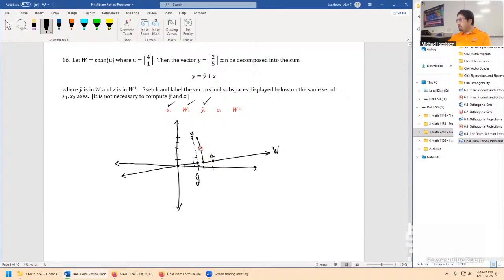Except the vector Z really gets visualized this way. We just slide this down until we start at the origin, terminate here, and that's Z itself. It's the component of Y that's orthogonal to W, so it still makes a 90 degree angle in this way.